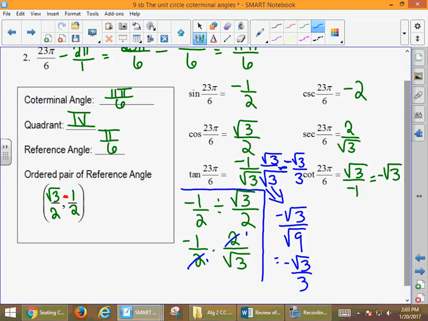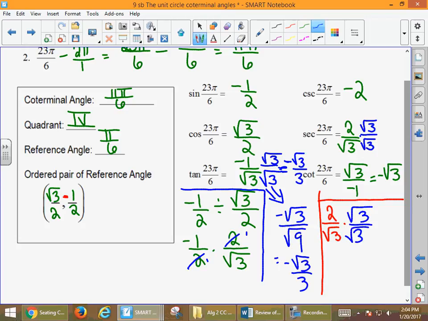We actually did at least a similar computation on our previous problem. But once again, if we multiply by radical 3 here, and we multiply by radical 3 there, got to separate again, because there's not enough space. Then we've got 2 over radical 3 times radical 3 over radical 3.